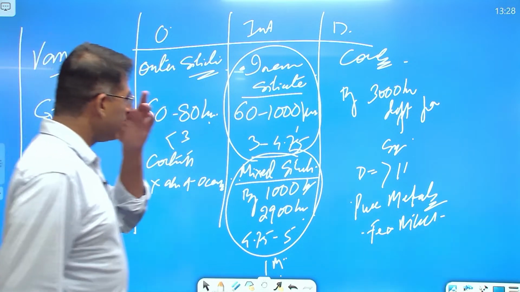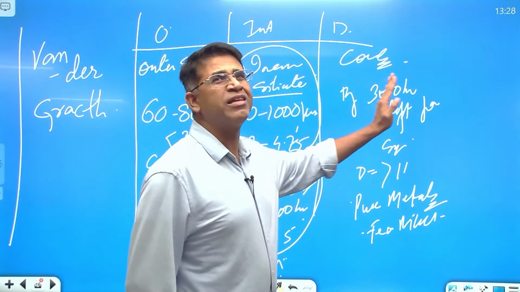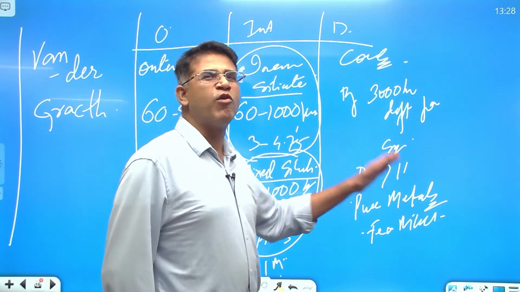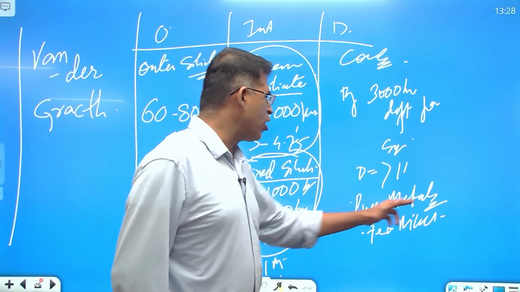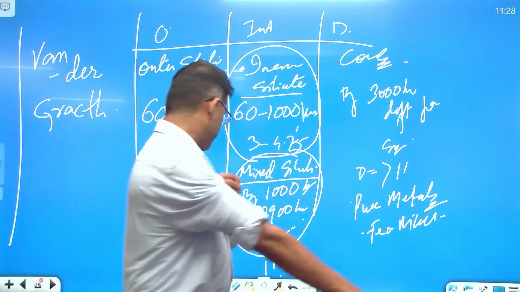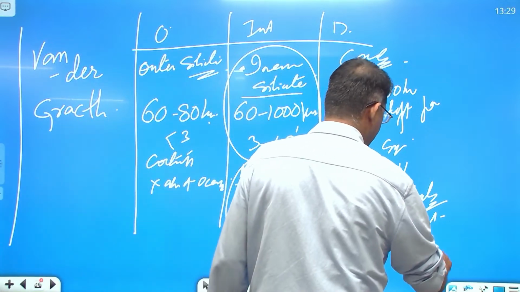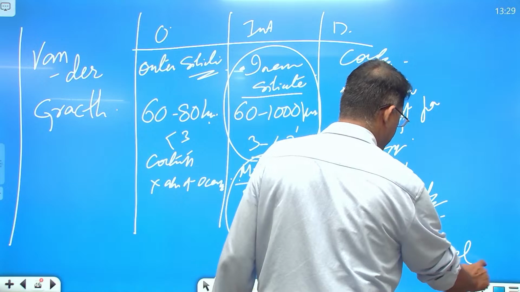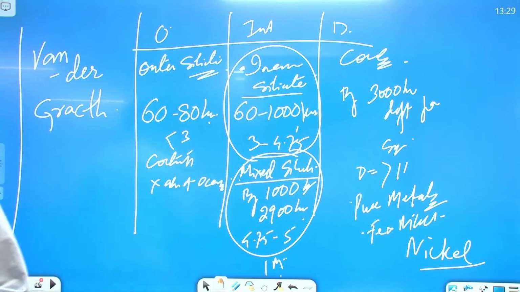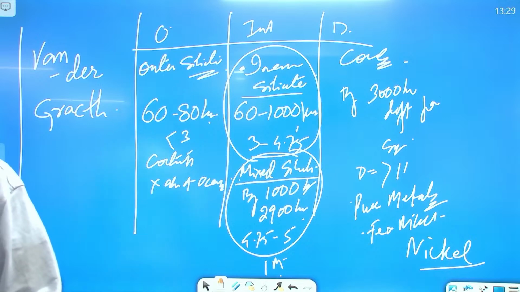I repeat, this is beyond 3,000 kilometers from the surface, a density of more than 11, and it is pure metals, mostly iron and nickel. ठीक है?